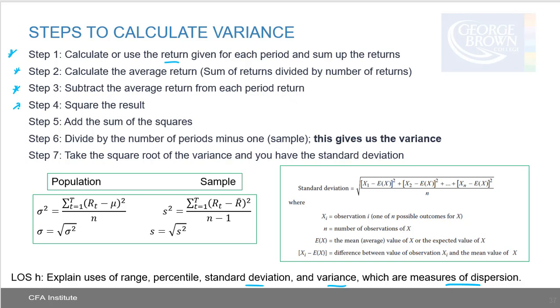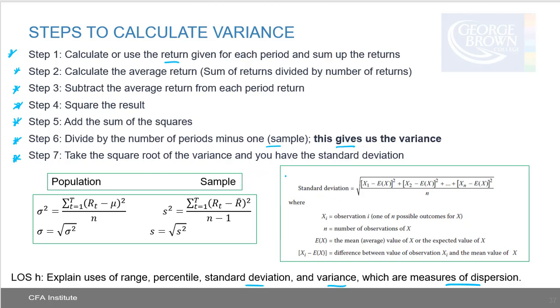Then step number four, we're going to square that result. Step number five, we're going to add the sum of the squares. Step number six, we're going to divide by the total number of periods minus 1 if it's a sample, and this gives us the variance, okay? And step number 7, we take the square root of the variance, and you've got the standard deviation.